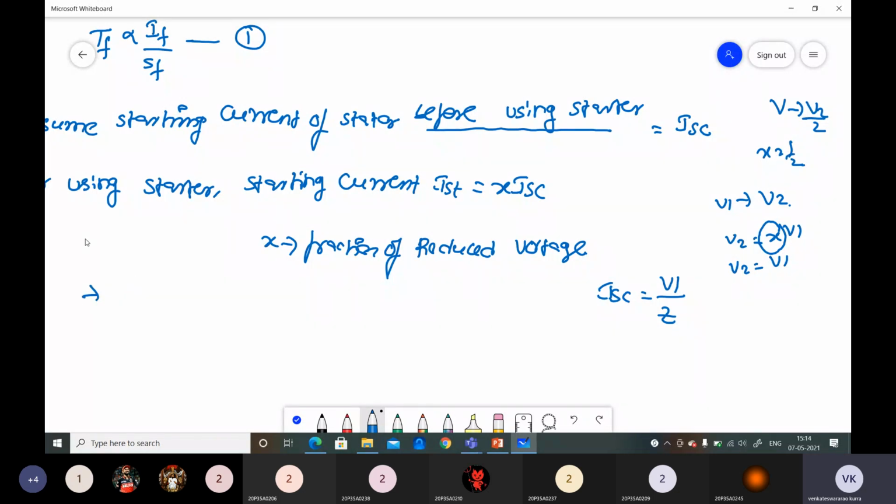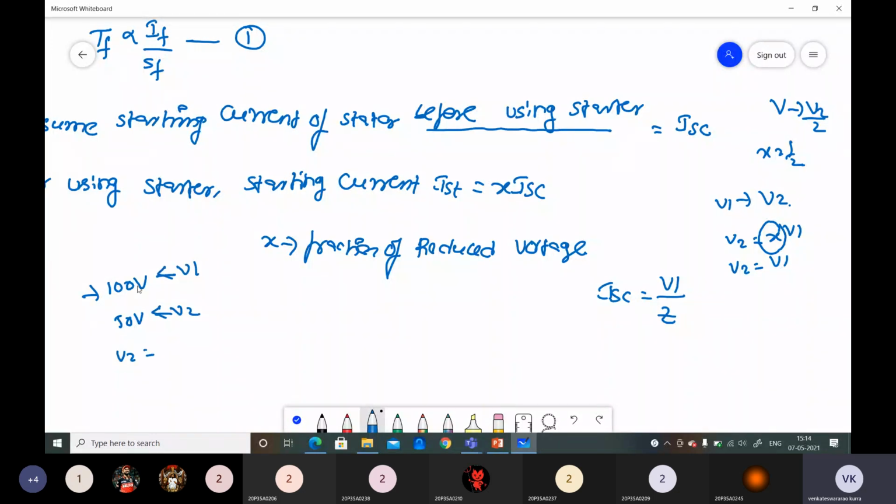So before using the starter, the initial voltage is assumed as 100 volts. Then after introduction of the starter, the supply voltage is reduced to 50 volts. Assume this one is V2 and this one is V1.